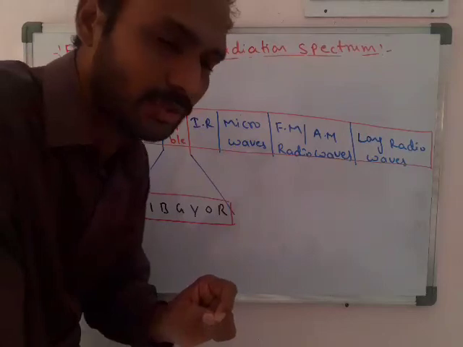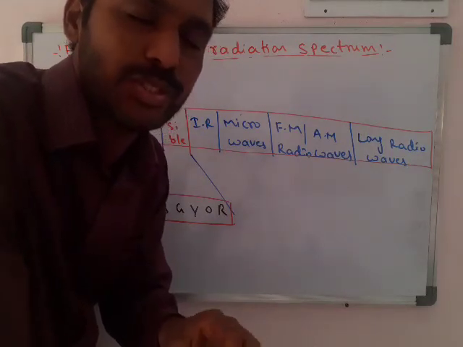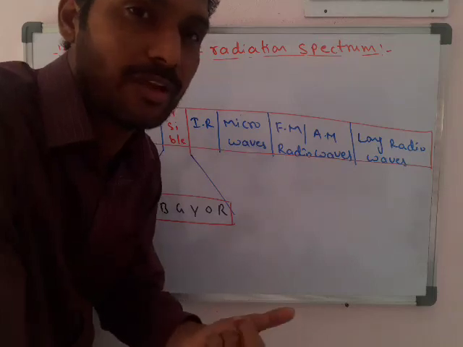What is the electromagnetic radiation spectrum? It is the arrangement of electromagnetic radiation in increasing order of wavelength.